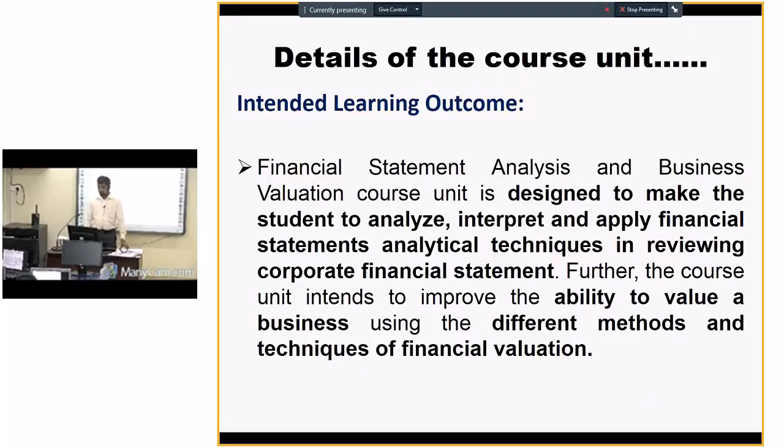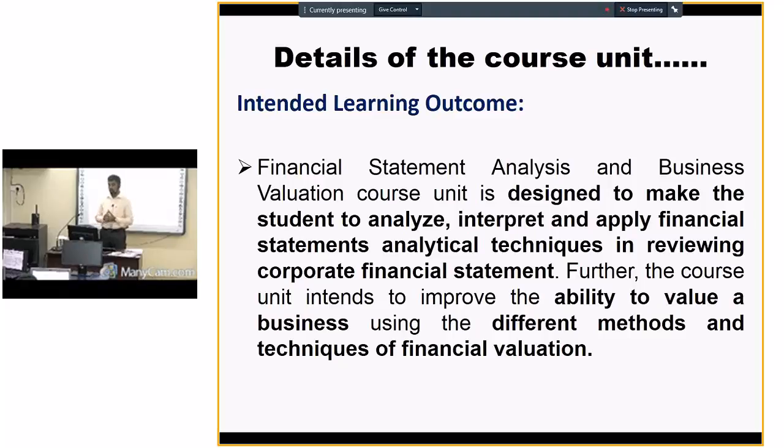The Financial Statement Analysis and Business Valuation course unit is designed to make students analyze, interpret and apply financial statement analytical techniques in reviewing corporate financial statements. Further, the course unit intends to improve the ability to value a business using different methods and techniques of financial valuation. Now, after reading this outcome, you can be aware of the content.